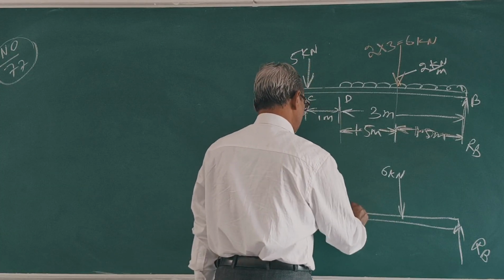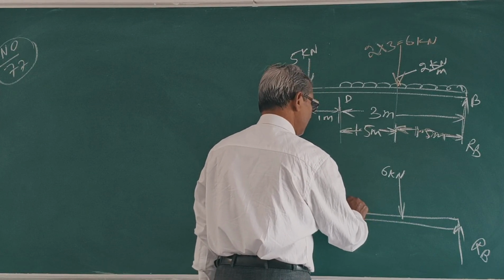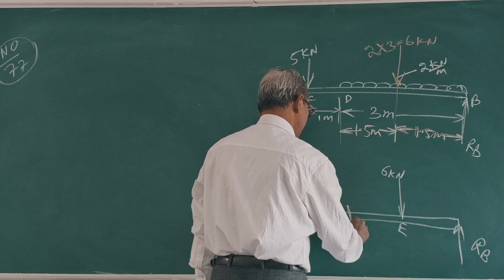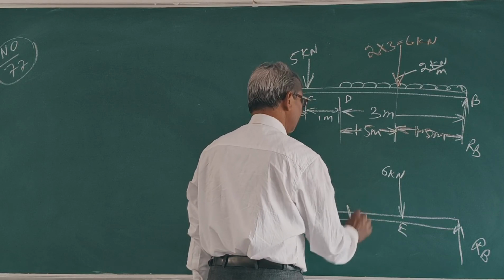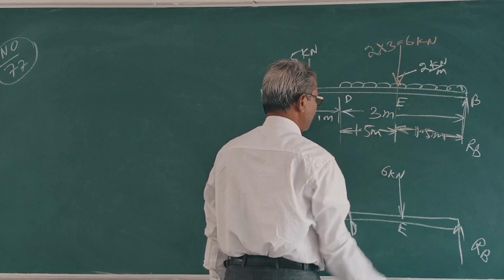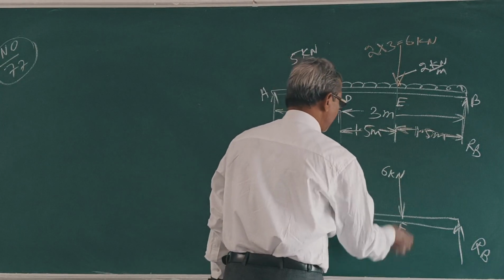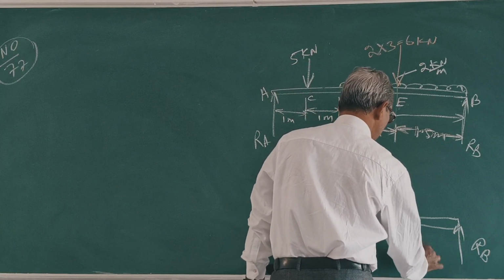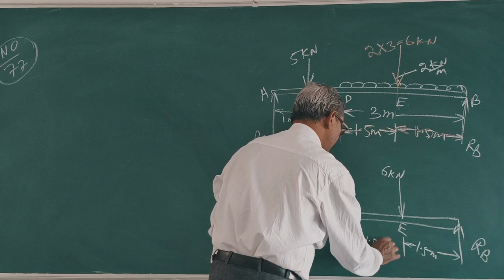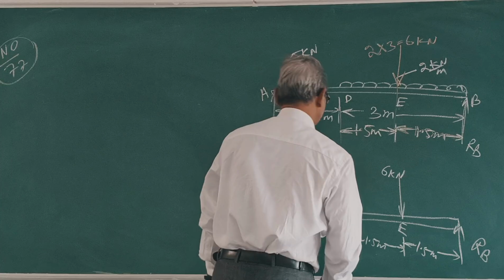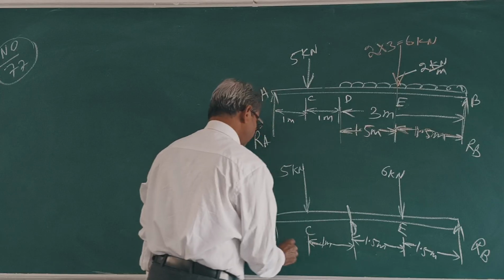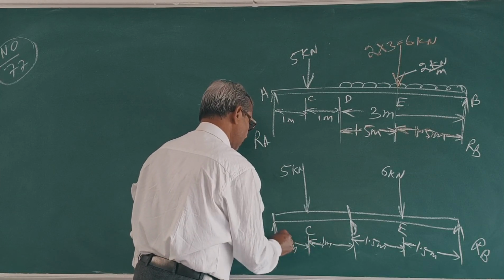These points are C, D, E. What is this length? 1.5 meter, 1.5 meter, and this length is 1 meter.